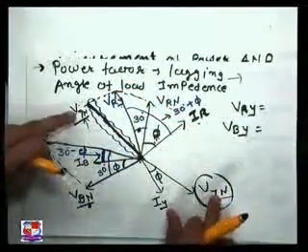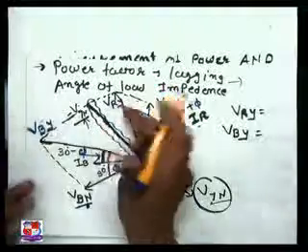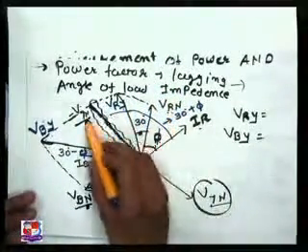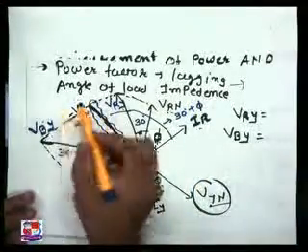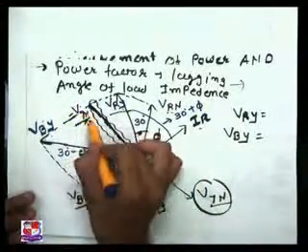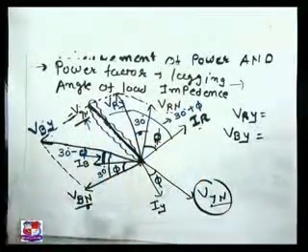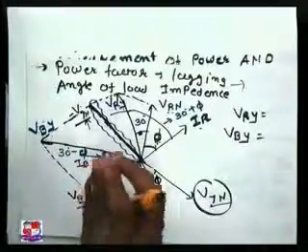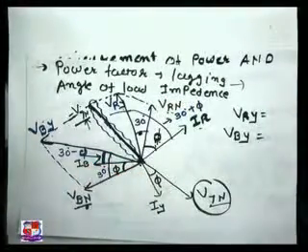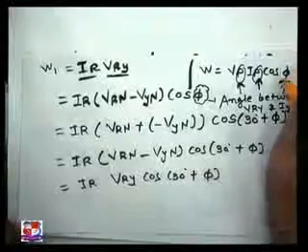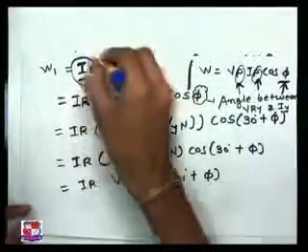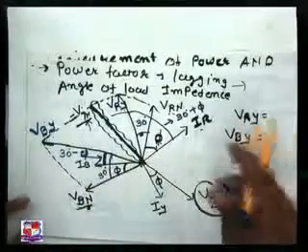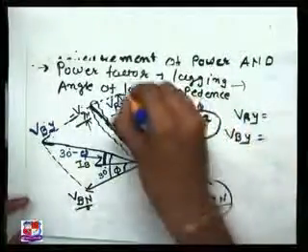So it is the algebraic sum, VRN plus (minus VYN). Also, in our equation W is equal to VP into IP into cos phi, and the cos phi here is always the angle between IR and VRY. So we have to remember this is the angle between IR and VRY.